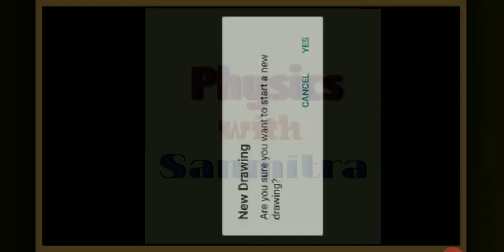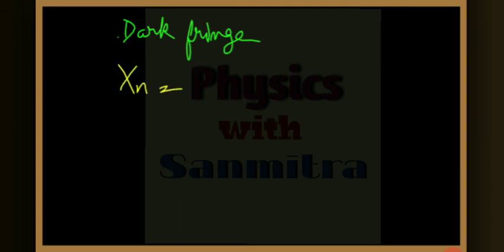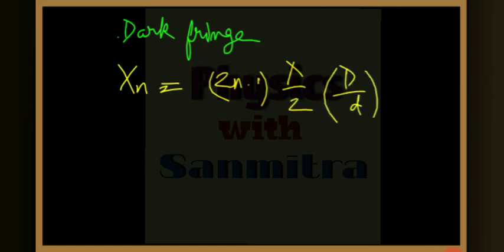Now next is asked, find the angular displacement of the first dark fringe. So for dark fringe, what is my linear displacement or the distance? That is 2n minus 1 into lambda by 2 into D by d. What is 2n minus 1? For the first dark fringe, I will take n equal to 1, then I will get 1 here.